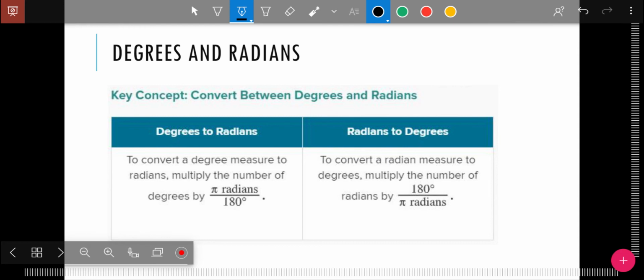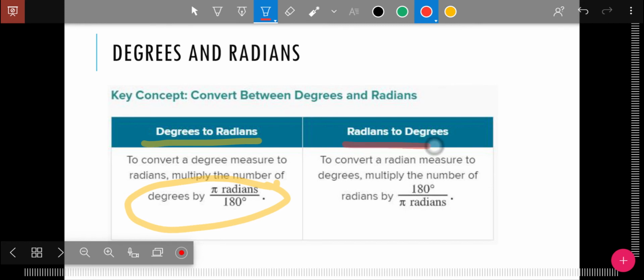And so for our class, we're going to use this formula to convert anything between degrees to radians or radians to degrees. And so to convert from degrees to radians, I just do degrees times pi over 180. So whatever the thing they gave me in degrees is, I times it by pi over 180.